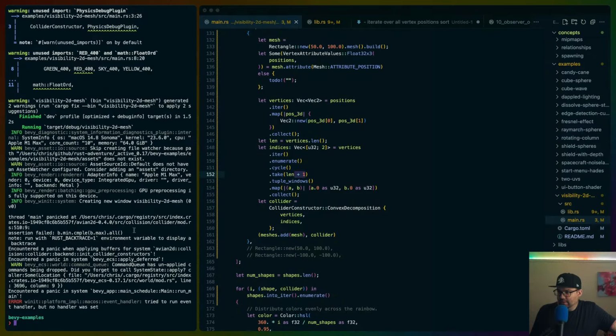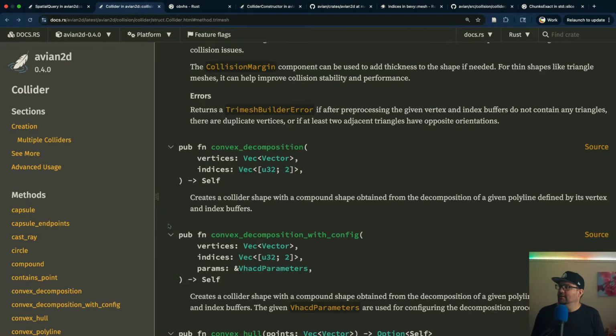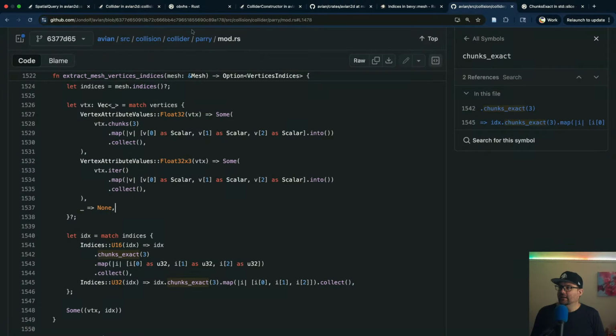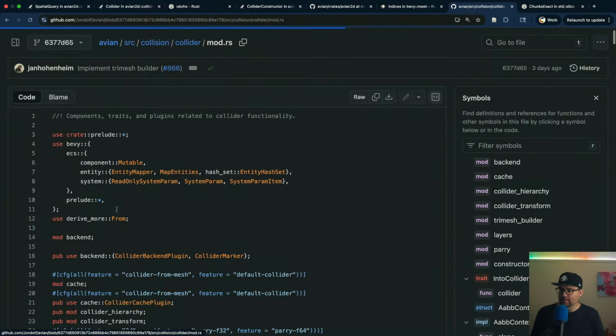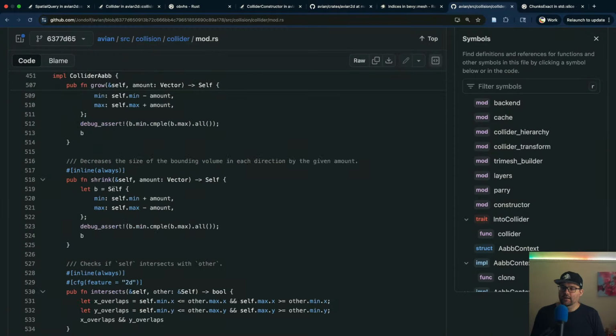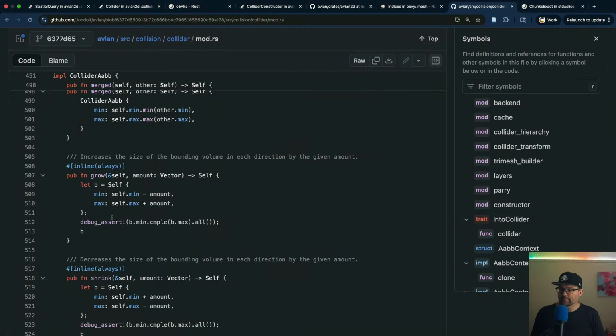Collision collider mod 510. Collision collider mod 510. So this? That doesn't look right. It's got to be 512.